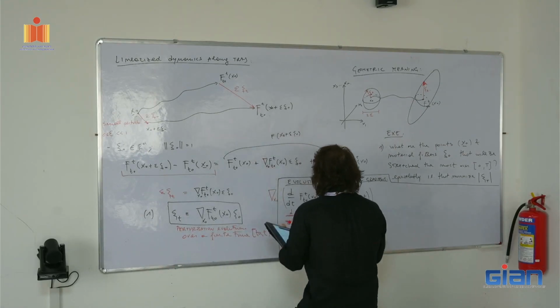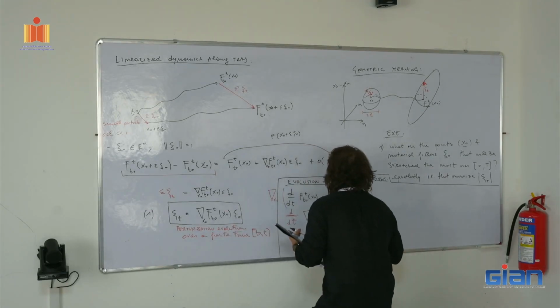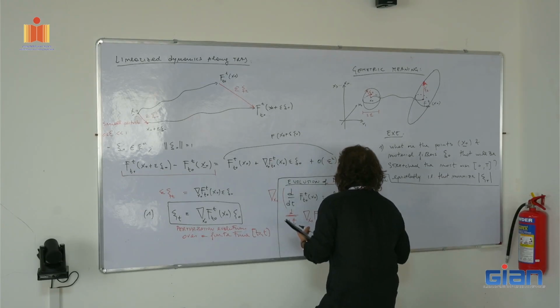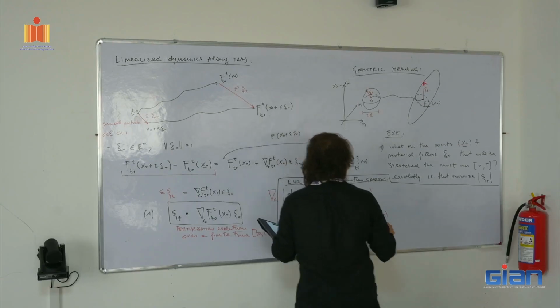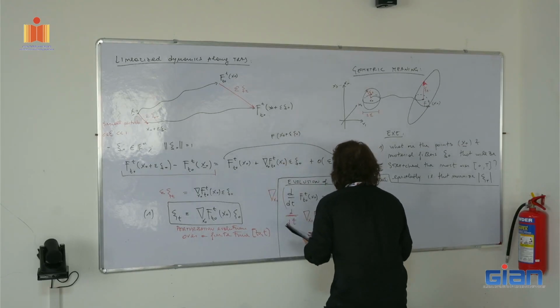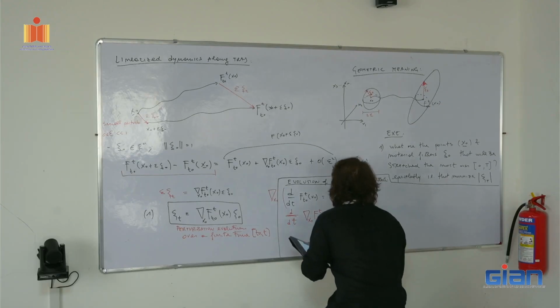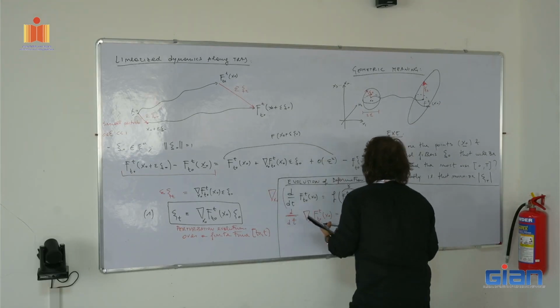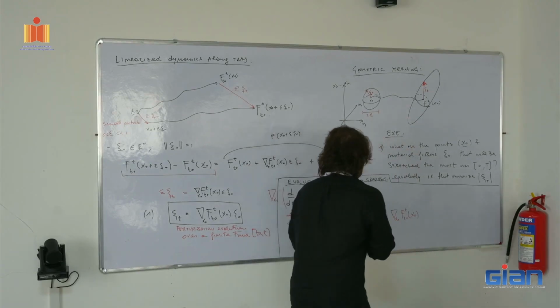It's the derivative of f with respect to x along the trajectory, right, times the derivative of x with respect to x0. So this is the derivative with respect to x0 of the flow map. Do you agree with this?